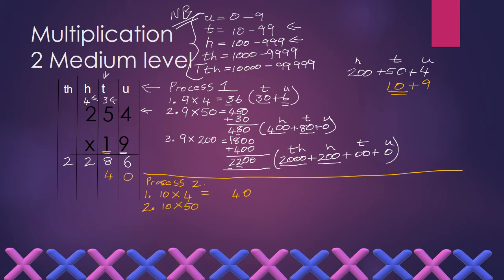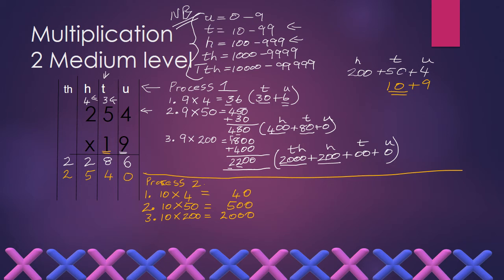And remember, when you multiply by 10, you just add a naught on the end, so that becomes 500. We are in the hundreds column. It does fall between 100 and 999, so that's our 5. And finally, our final one would be 10 times 200, which makes 2000. Very nice, and that would fall in our thousands column.